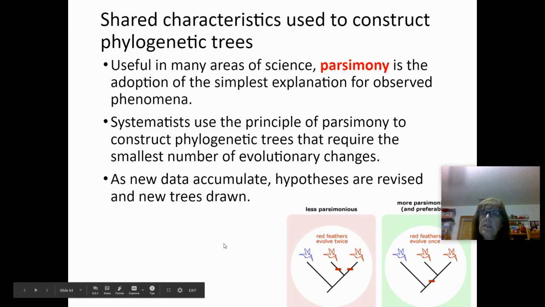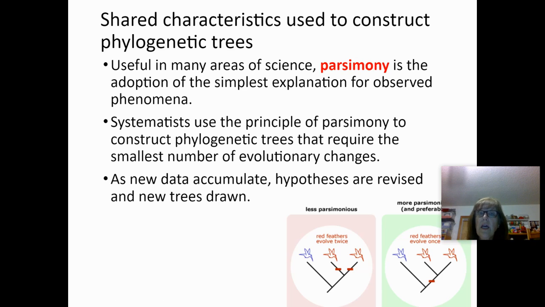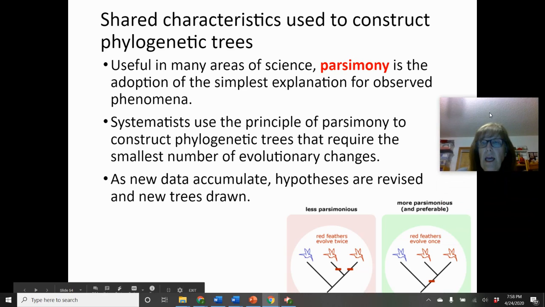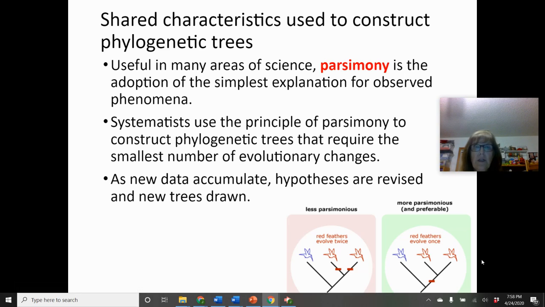So shared characteristics can be used to construct these phylogenetic trees. Parsimony is the adoption of the simplest explanation for these observed phenomena. And it's what we oftentimes use to make things simpler and less confusing.